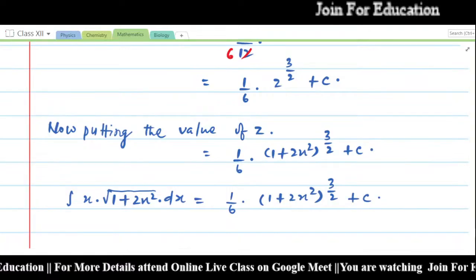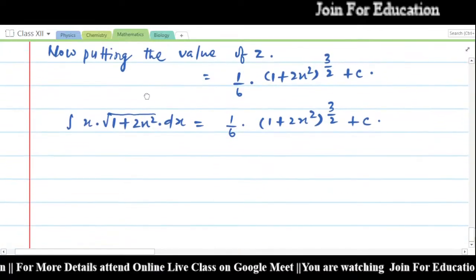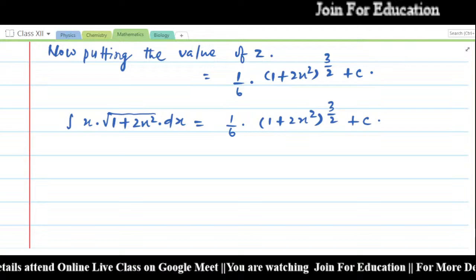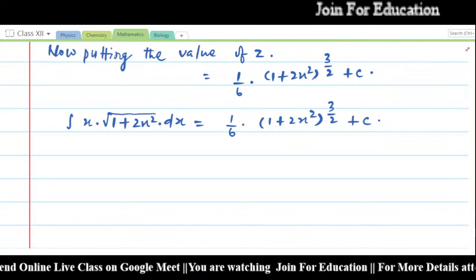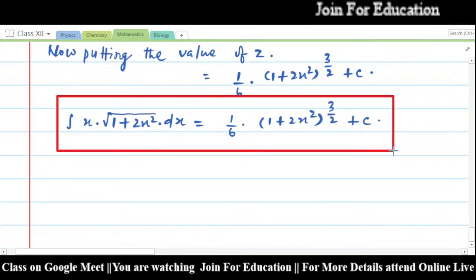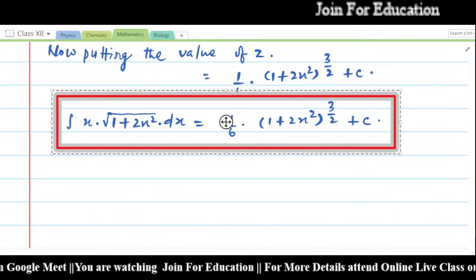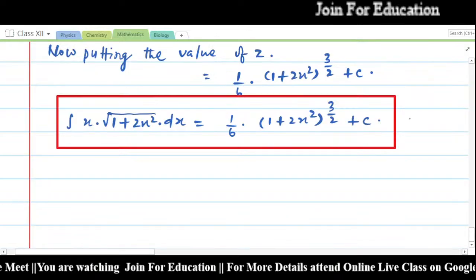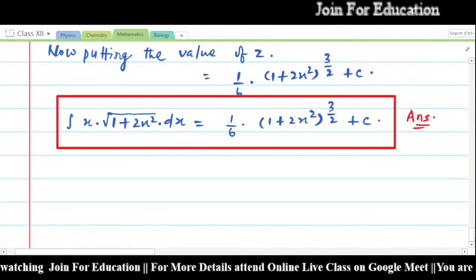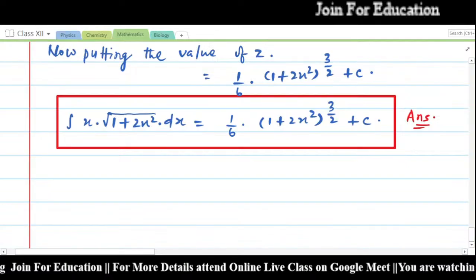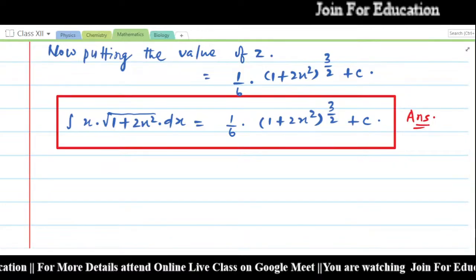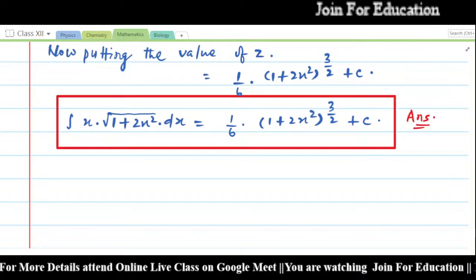Hope that there is no problem to understand the solution of this question. If you have any doubt, write into the comment box. I will clear your doubt. So this is the answer.